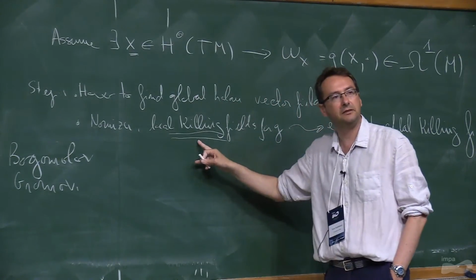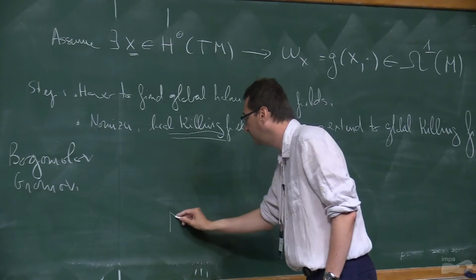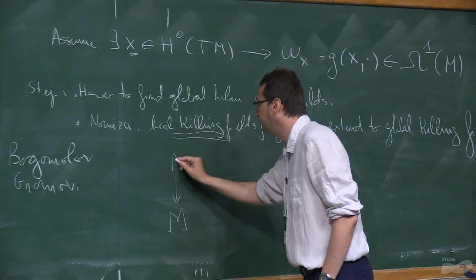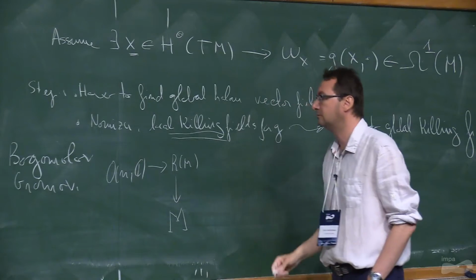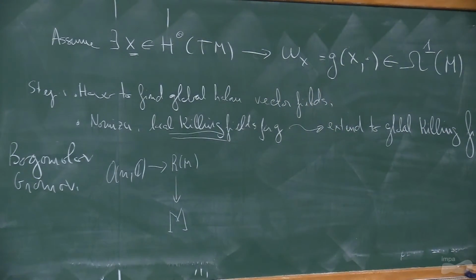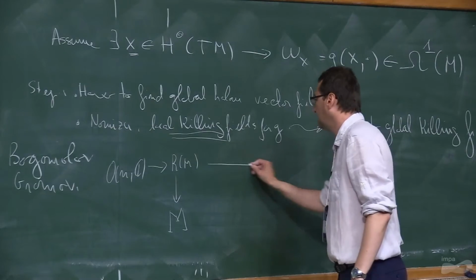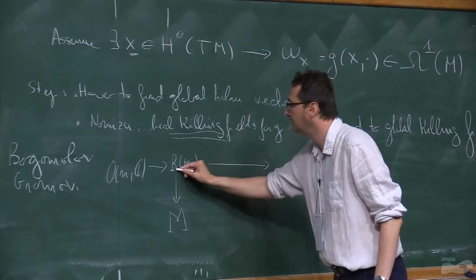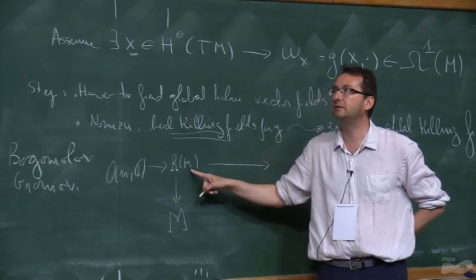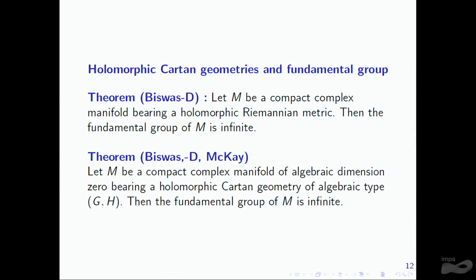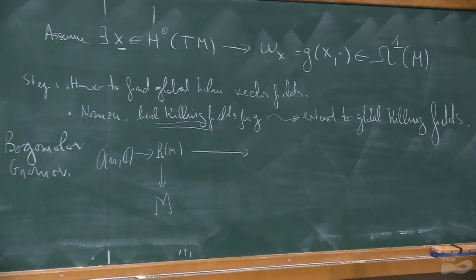To find local symmetries, you do the following construction. You have your manifold M, and you look at the frame bundle over M, which is a principal bundle with the orthogonal group as structure group, the stabilizer of the complex quadratic form. For manifolds with holomorphic Riemannian metric and with connection, you have exponential coordinates, meaning that as soon as you have a frame, you have local coordinates on your manifold, uniquely associated to this frame.